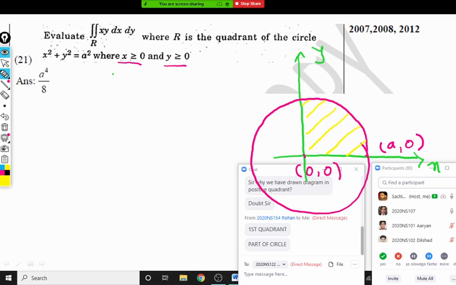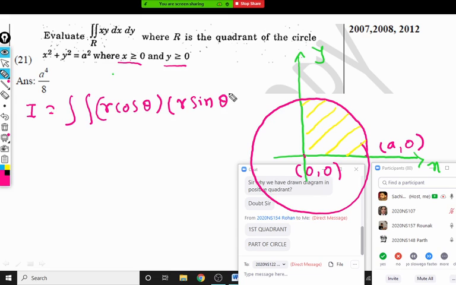So whenever the boundary of the region of integration is circular, we should transform the double integral to polar form. That is a better choice for simplified calculation. What is the value of x in polar? r cos theta. So x is r cos theta. What is y? r sin theta.